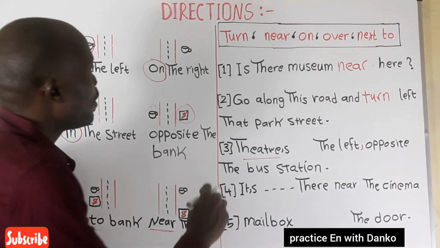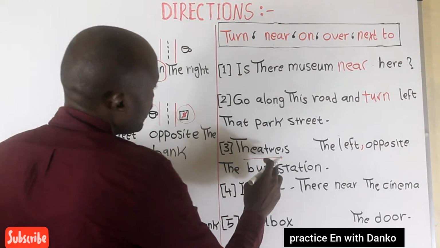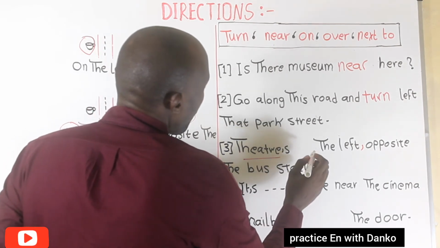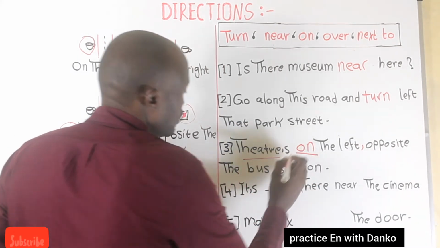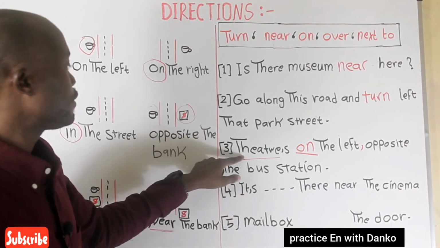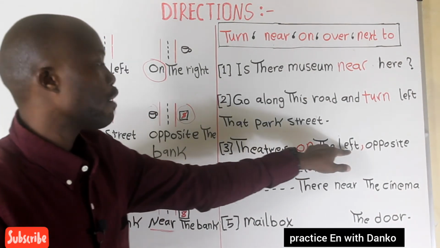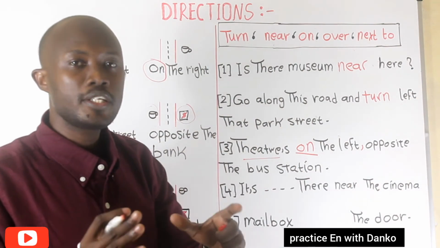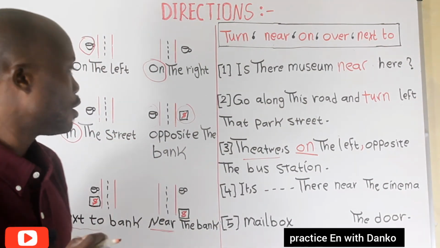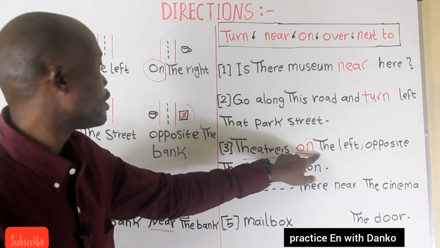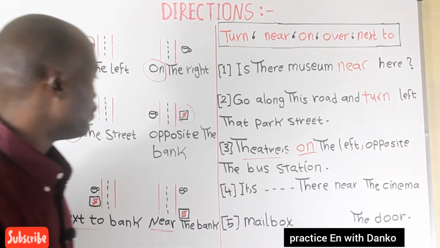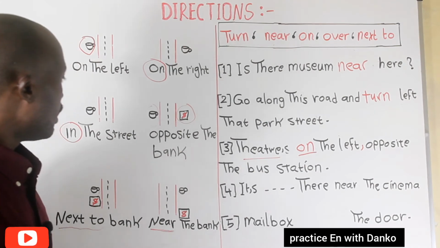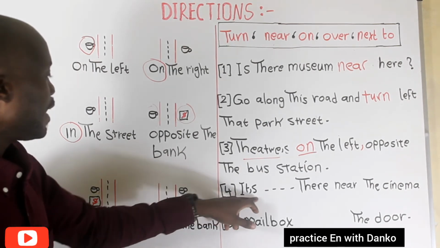In my opinion, the theater is on the left. We're going to use the preposition of place on. The theater is on the left opposite the bus station. Very good.